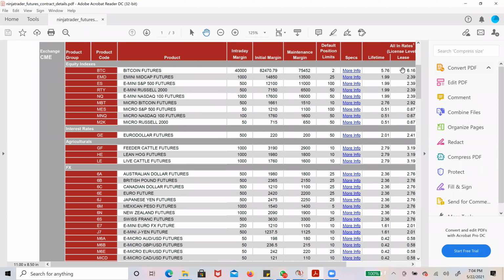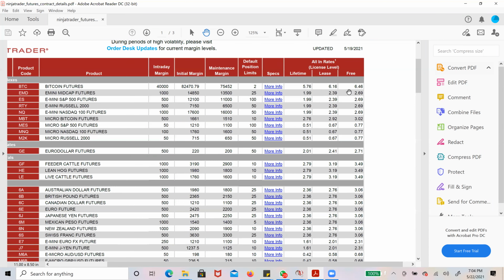Let's say I have the lifetime license for NinjaTrader. Every time I take a trade for the NQ, say I buy a contract and sell a contract, that's going to cost me $4 per transaction. So if I take 10 transactions, it's still going to cost me 10 times 4, that's $40.